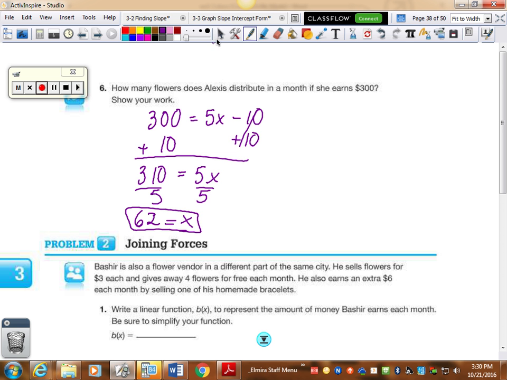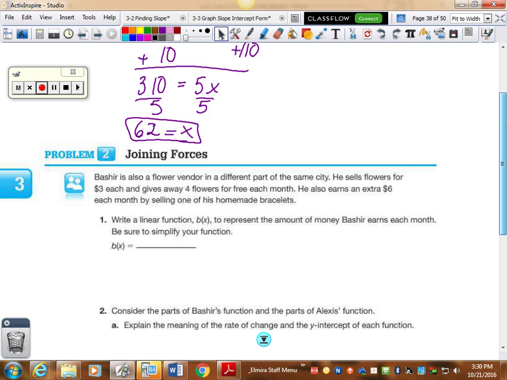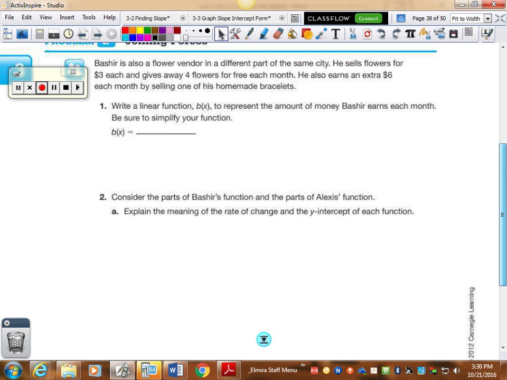Let's practice that one more time. We've got Bashir. He's also a flower vendor in a different part of the city, and he sells flowers for $3 each. So that's my rate of change. And he gives away 4 flowers. So I'll subtract off 4 for each month.